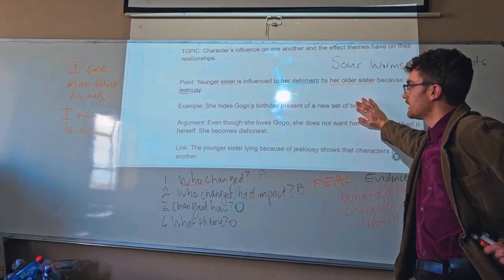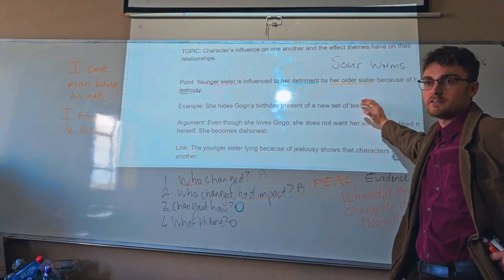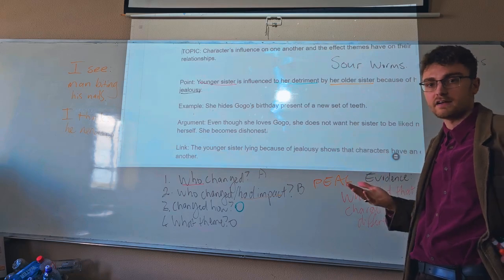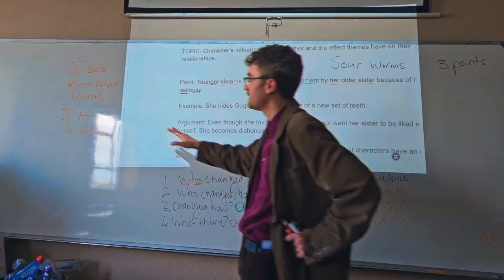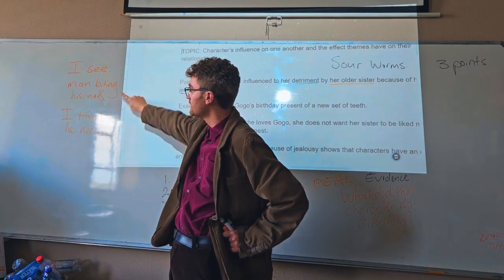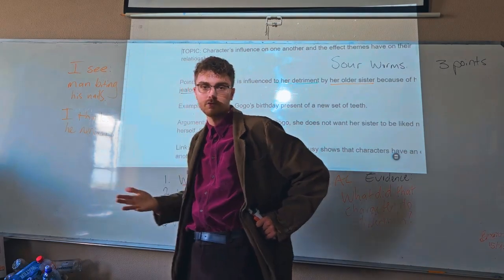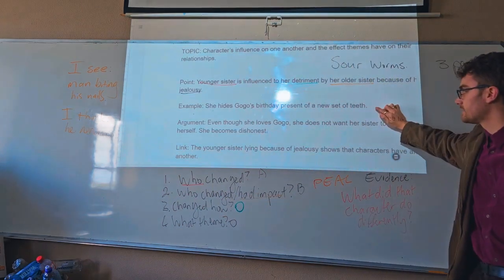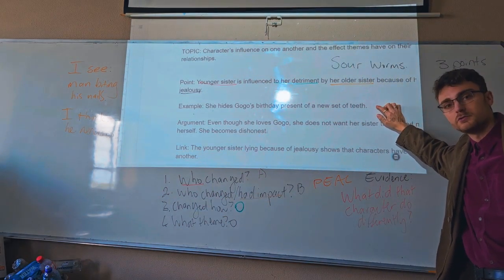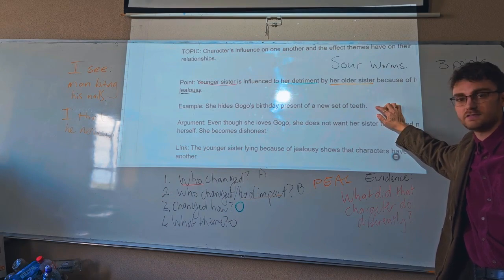And in Sourworms, what she did differently, just the fact. Remember when we were looking at the I see and the I think? Just the fact, something that everyone will be able to see, is that she hid Gogo's new birthday present about the set of teeth. She hid that from her.